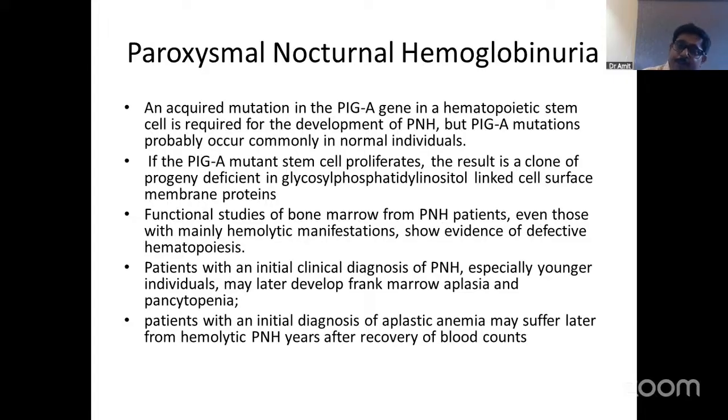If this PIG-A mutant stem cell proliferates, this results in a clone of progeny which is deficient in the cell surface membrane protein glycosyl phosphatidyl inositol, and this will further lead to bone marrow failure and go on to certain more complications in times to come.